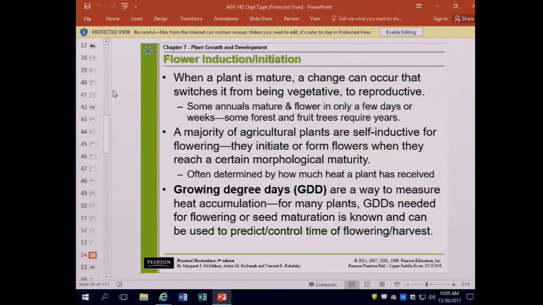And growing degree days are needed for flower induction and the seed maturation in most of our annual plants. But a growing degree day, usually it's determined by a given base. And I won't spend a lot of time on this, but I think you need to have an idea of what it is.